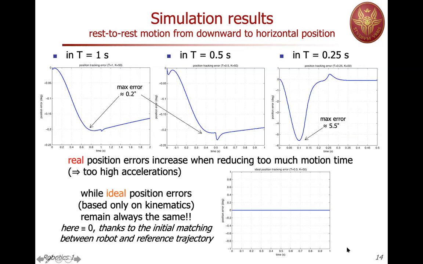And the error is always 0 because we start with 0 error in position, so we are matched to the desired trajectory. No sensible error will arise. So the position error remains 0 the whole time. In the real case, in fact, it is completely different.